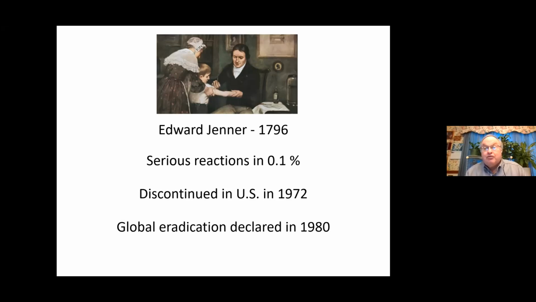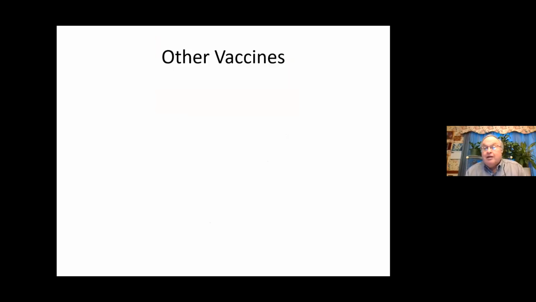It worked because smallpox really only infects people. And so after 2,000 to 3,000 years, at least, of having infections and epidemics among people, the virus was eliminated, except for a few samples that remain in laboratories. And that was just the beginning of vaccines. We have many others.